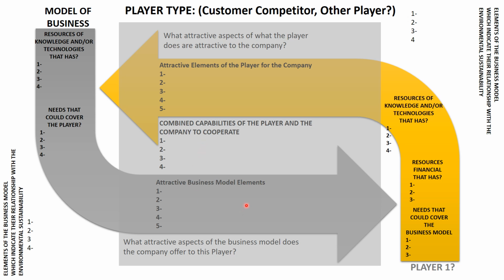When you finish the two questions, you can continue with the other fields here. Combine the capability of the player and the company to cooperate.